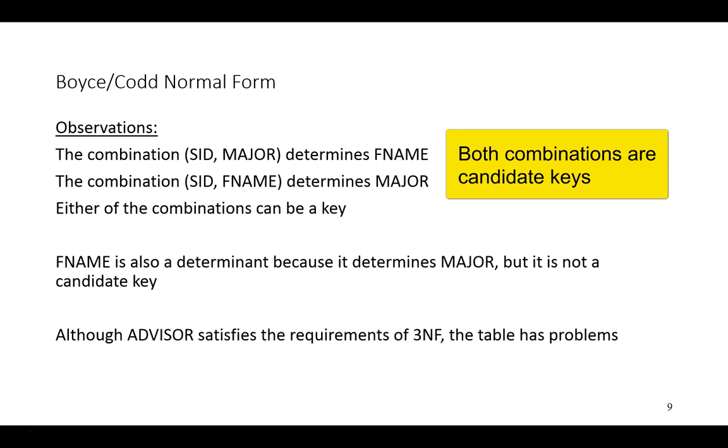So we have two candidate keys. Remember, we have SID and major determining all of the remaining attributes, which happen to be faculty name, or SID and faculty name determining all of the remaining attributes, which happens to be only major. So therefore, each combination qualifies as a candidate key.